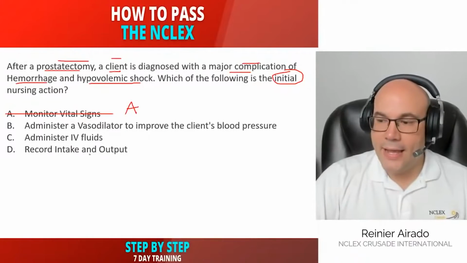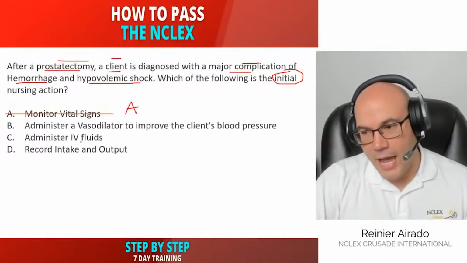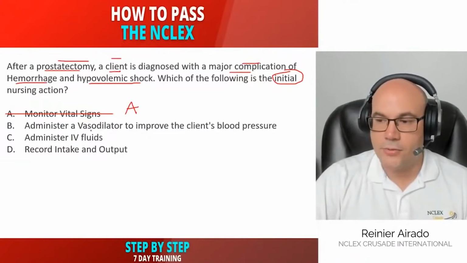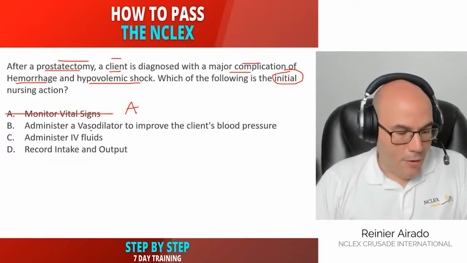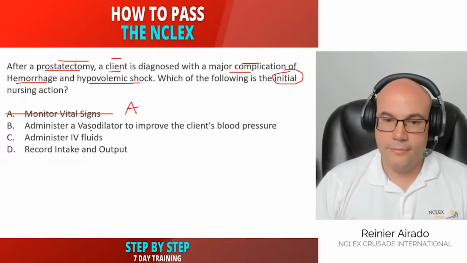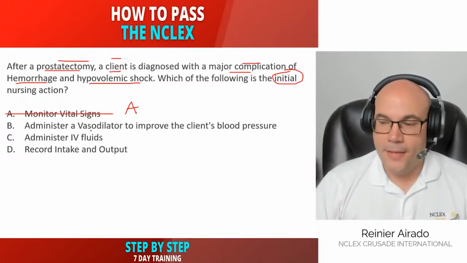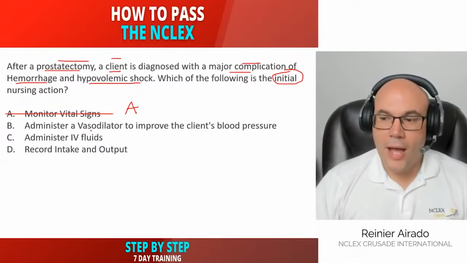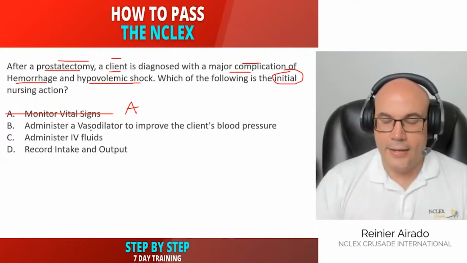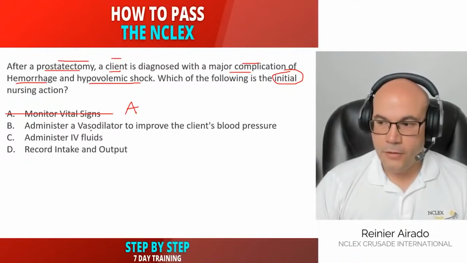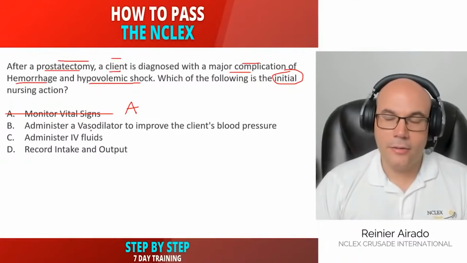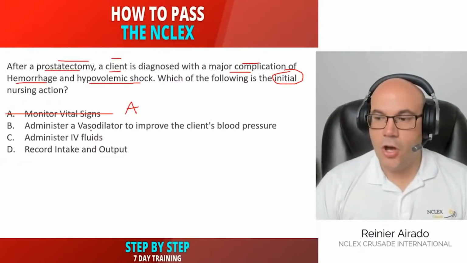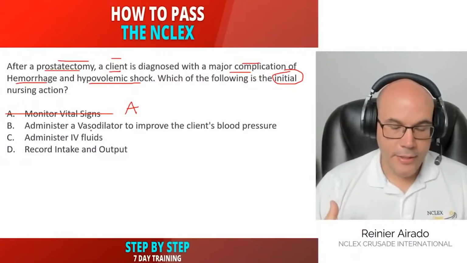Recording the intake and output, administering IV fluids, and administering a vasodilator are implementation answers. Now, I can continue using critical thinking. We have two answers that are related to one another, for example, the administration of a vasodilator and the administration of IV fluids.